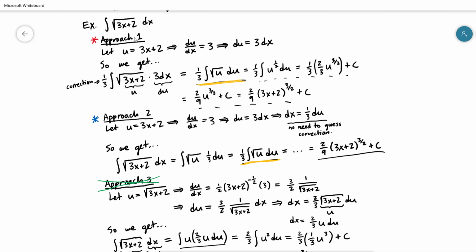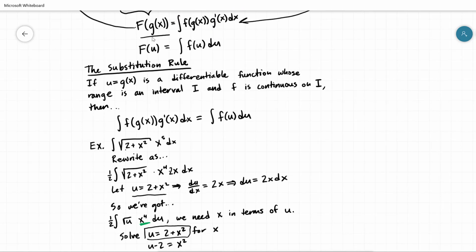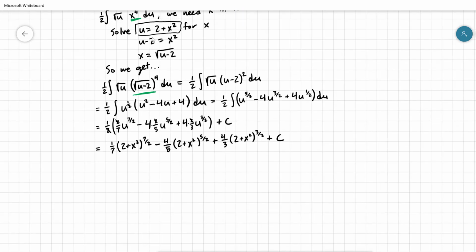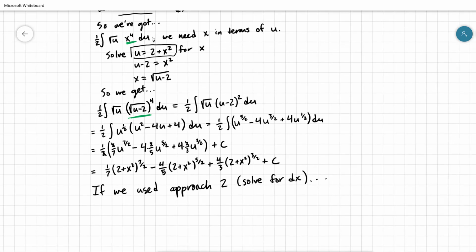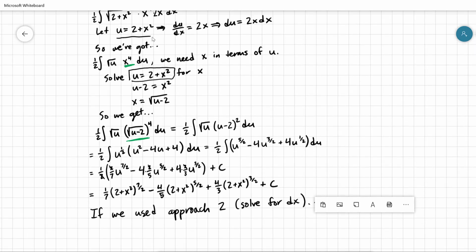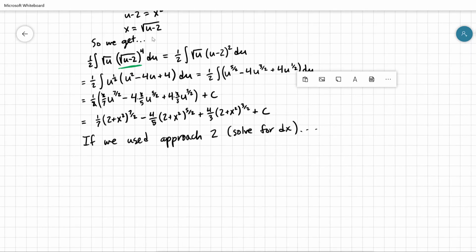So let me go back and just show you what that second approach would look like on this last example that we just did. So if I use approach 2, where we solve for dx rather than for du, this problem would start with the same substitution, so we've still got the same integral that we're trying to do.